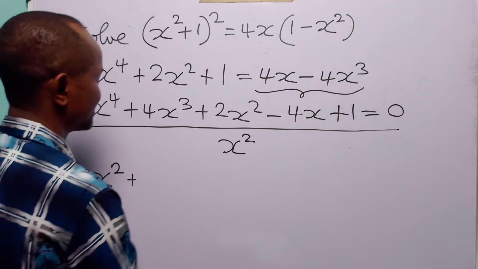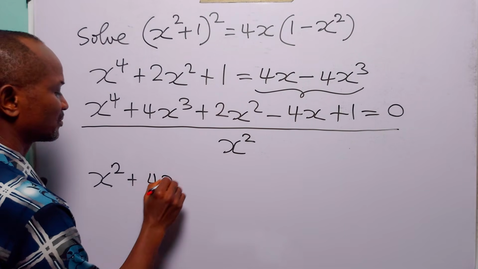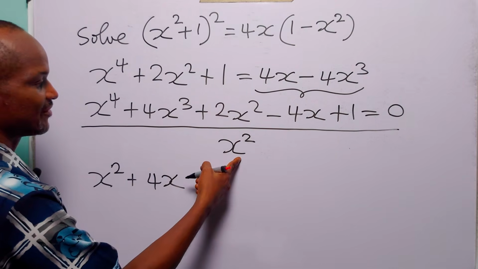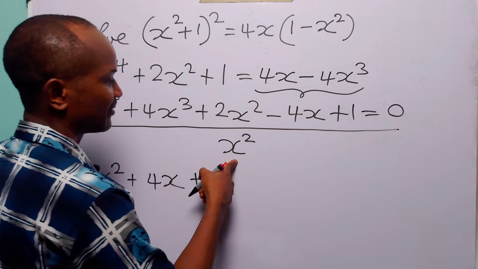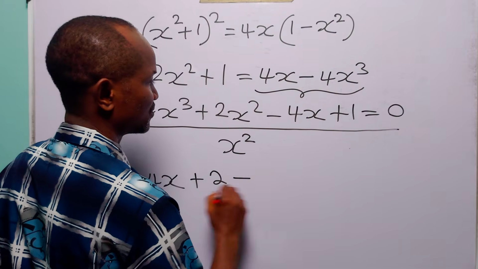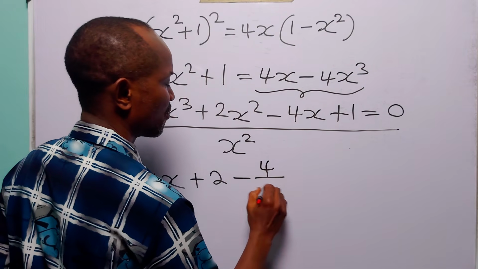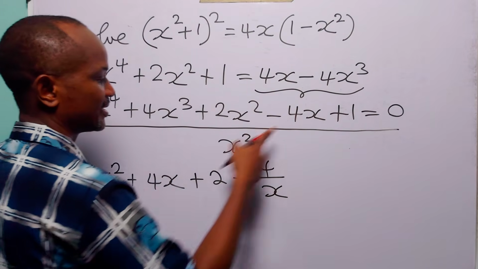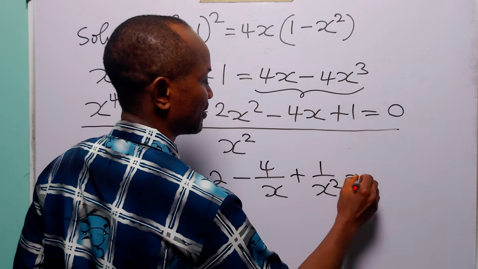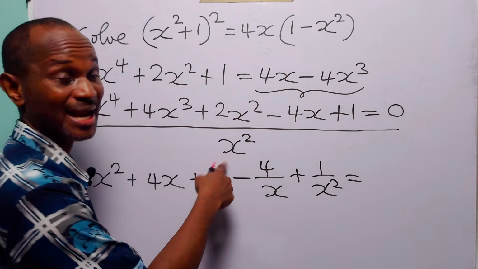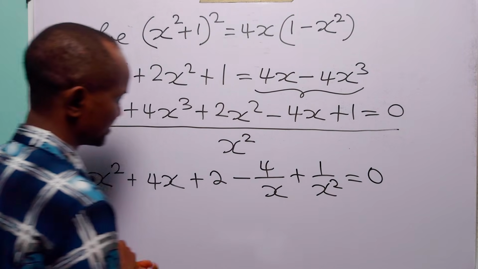This divided by this is going to give us 4x. This divided by this is equal to 2. This divided by this is equal to minus 4 over x. And finally, we have plus 1 over x squared. Of course, 0 divided by x squared is equal to 0.